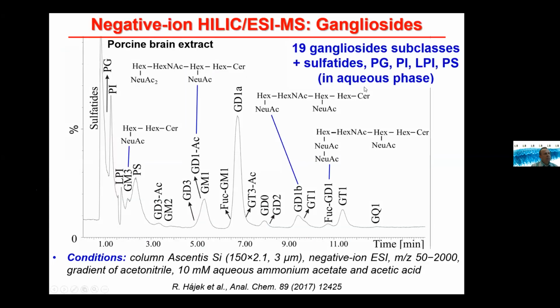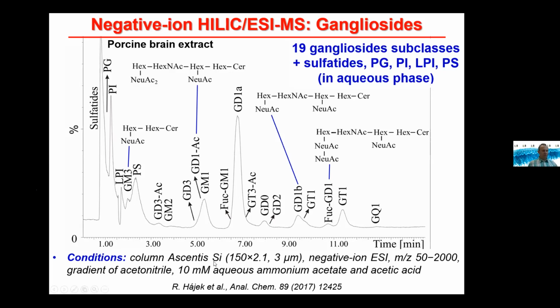The second example is anionic glycosphingolipids. It means that we should use negative ion mode in this case. Here I'm presenting the separation of 19 classes of gangliosides, ganglioside subclasses, with some other sphingolipids and phospholipids separated as well. This is the analysis of porcine brain extract.